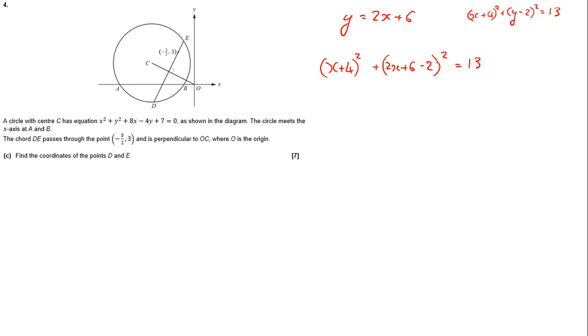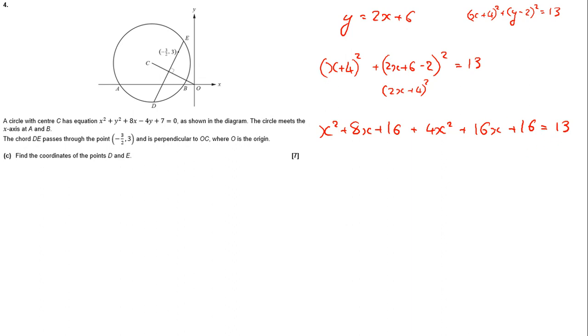Okay, so let's have a look at this. This is just going to be 2x plus 4 squared. We are just going to expand this, use your perfect square principle. So it's going to be x squared plus 8x plus 16, plus 4x squared, plus 2x times 4 is 8x, times 2 is 16x, plus 16 equals 13.